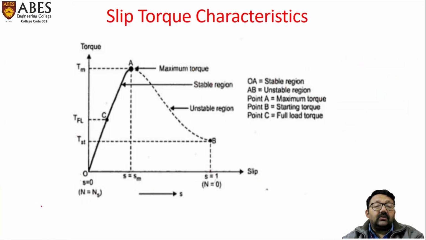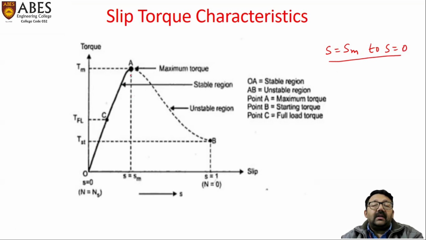Now, moving to the stable portion of the curve. This stable region is also known as low slip region, which is shown with the solid line in this diagram. This low slip or stable region lies from slip S equal to Sm to S equal to 0. This is the stable region.